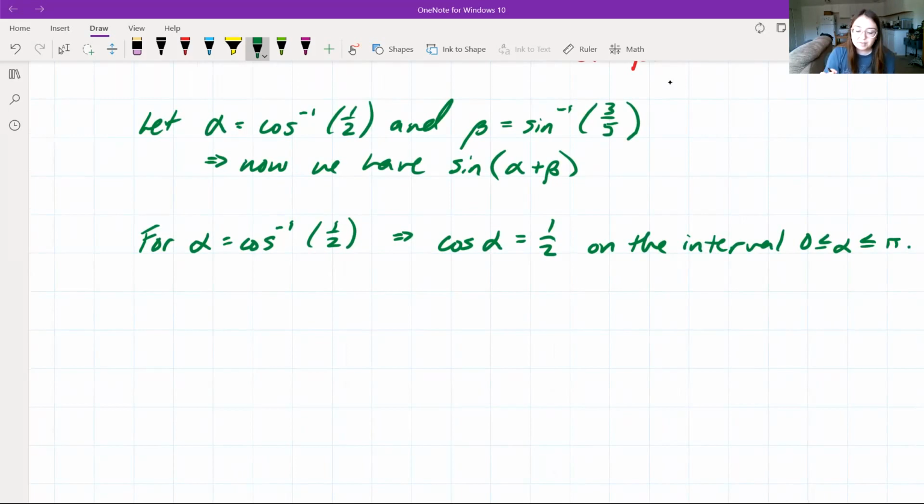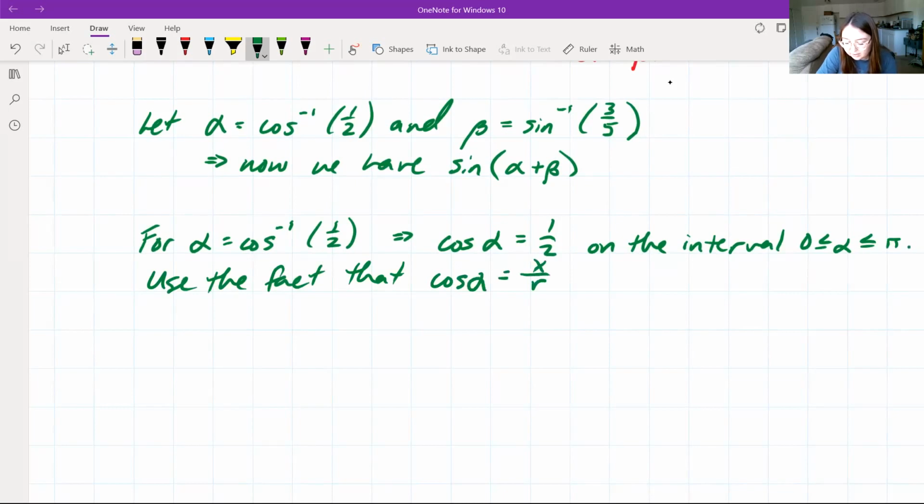Now we want to use the fact that cosine of alpha is going to be equal to x over r, where r is our radius. So we use the fact that cosine of alpha is equal to x over r in order to find sine of alpha in this case.